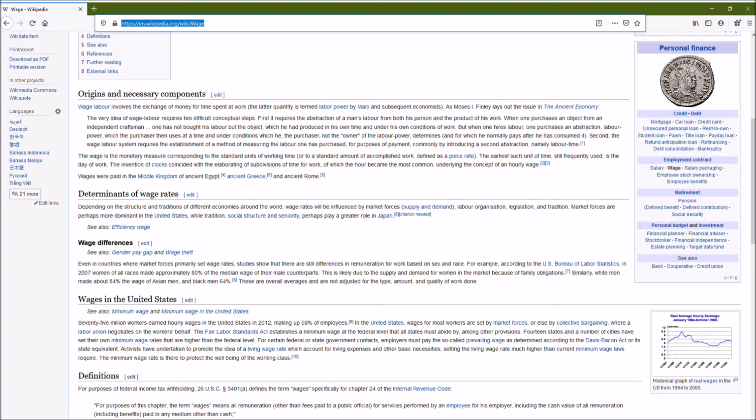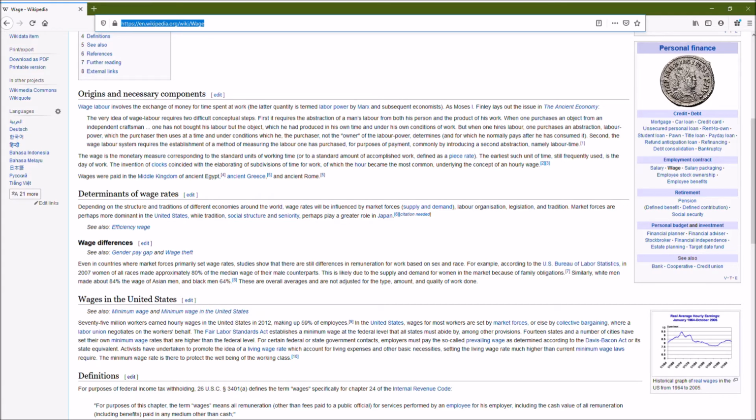Market forces are perhaps more dominant in the United States, while tradition, social structure, and seniority perhaps play a greater role in Japan. Wage differences. Even in countries where market forces primarily set wage rates, studies show that there are still differences in remuneration for work based on sex and race.